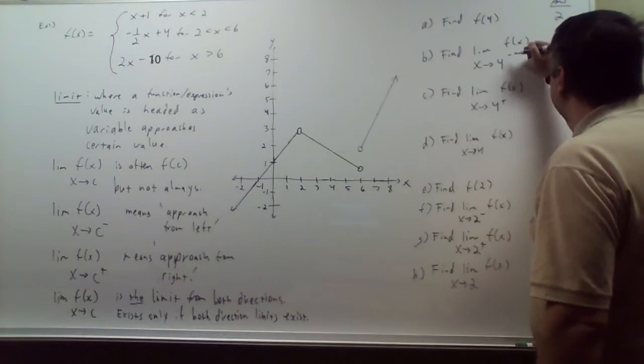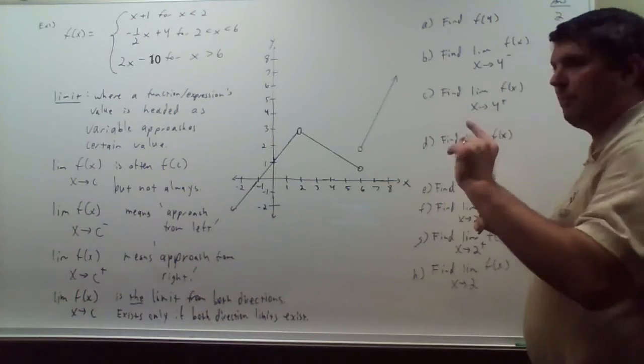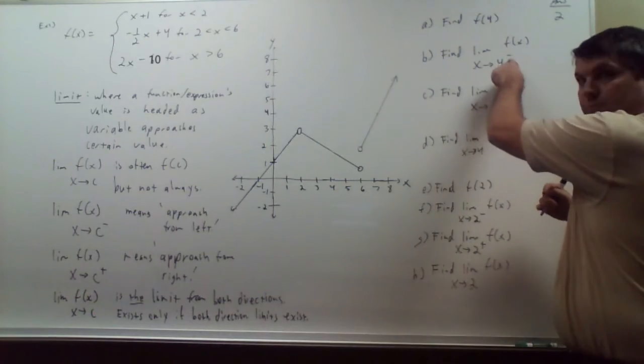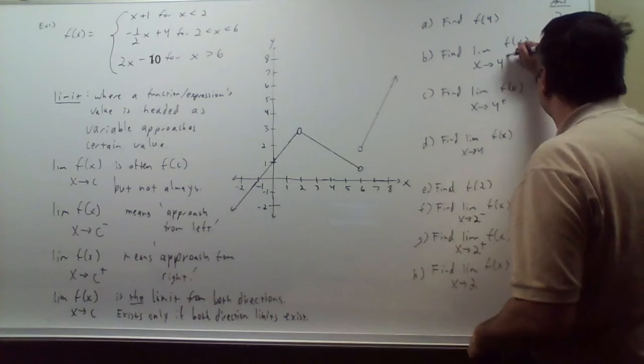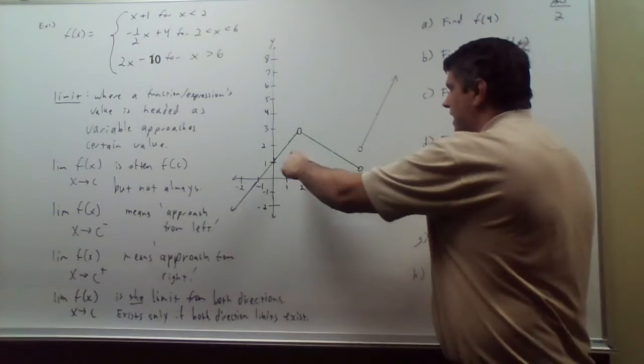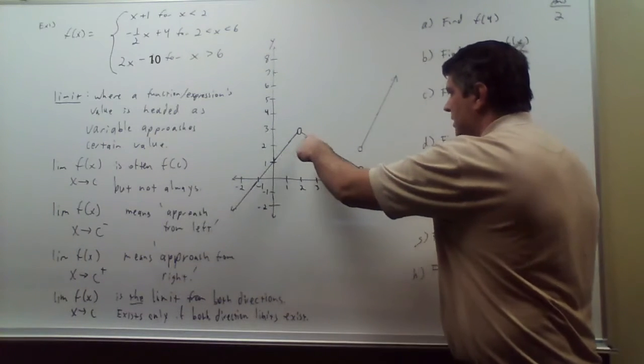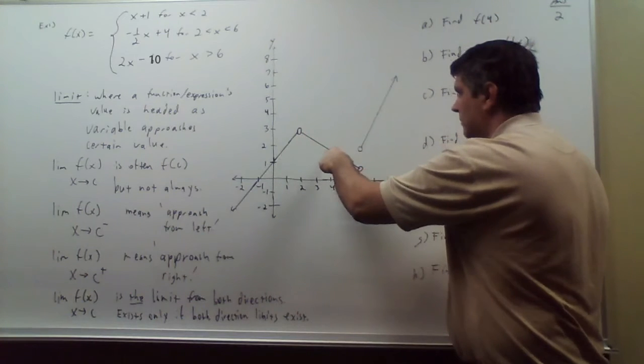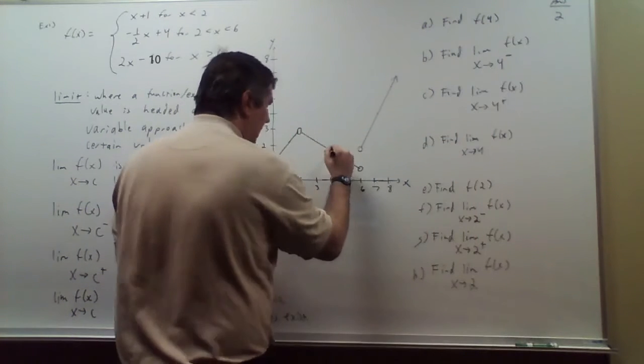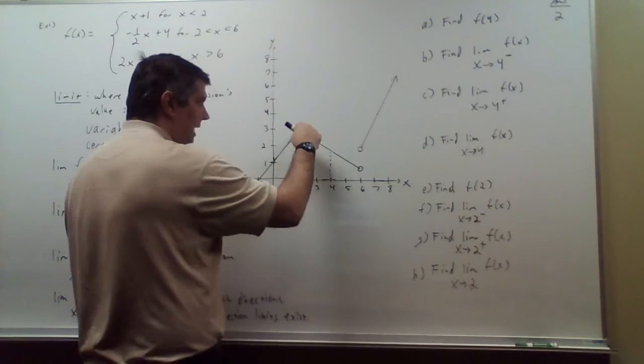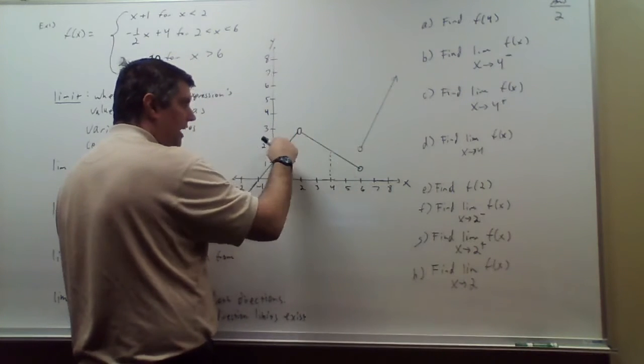What is the limit as x approaches 4 from the left? Okay, there's a superscript of a negative up here. So I will approach x equals 4 from the negative side. And here's where x equals 4. If I approach from the left, the function value is headed to 2.